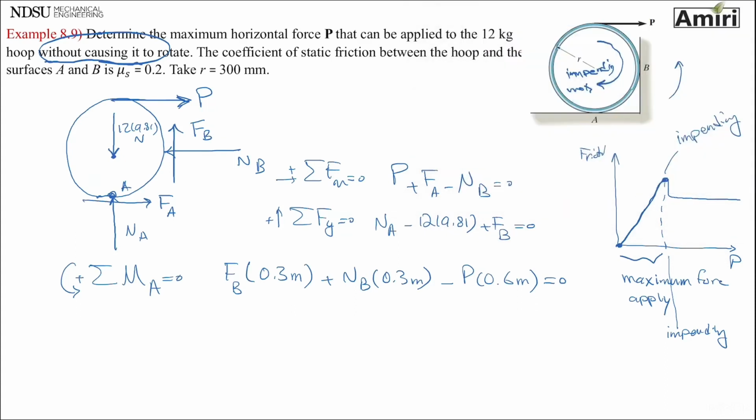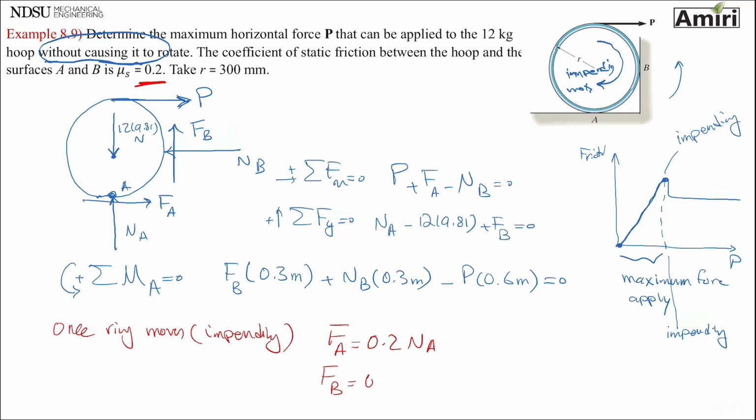The two other equations that I can use: once the ring starts to move, or impending motion, I can say FA equals 0.2 NA and FB equals 0.2 NB.